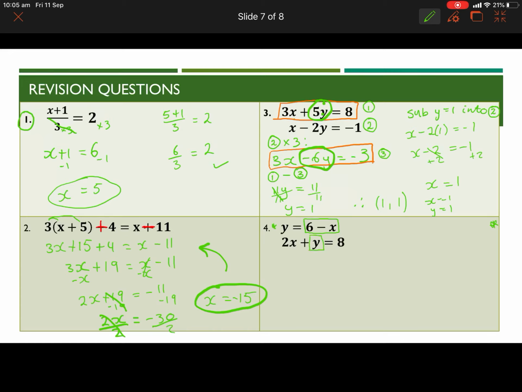We write our new equation, which is 2x plus, instead of the y, 6 minus x equals 8. Let's collect our like terms because we've got a 2x and a minus x. So 2x minus x is just x. Get rid of that 6 by subtracting it from both sides. So x equals 2.